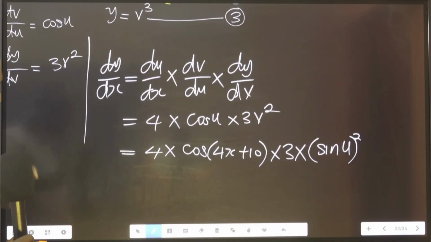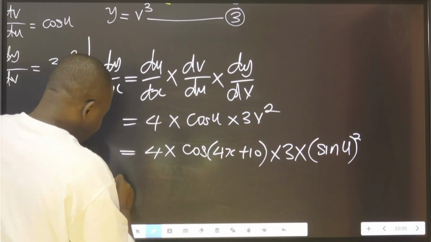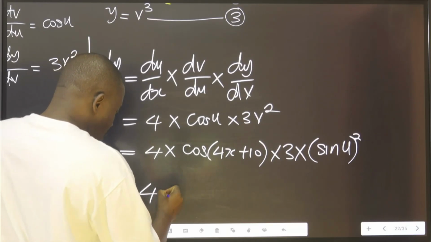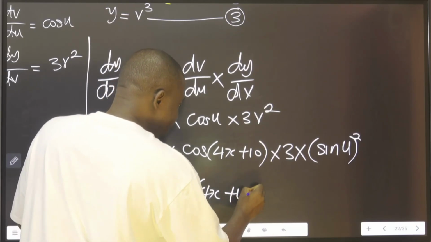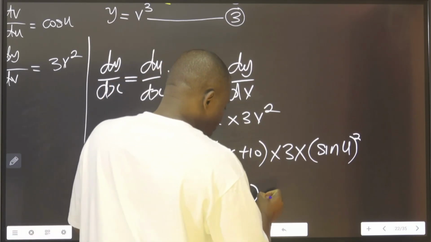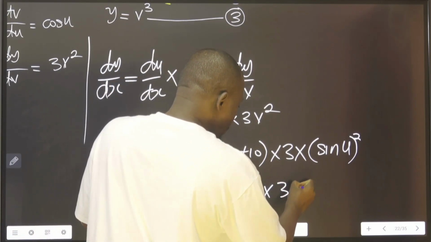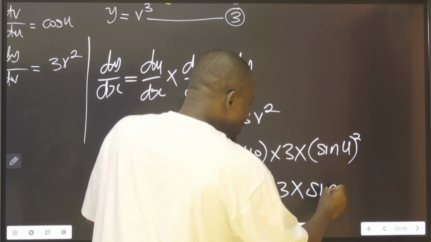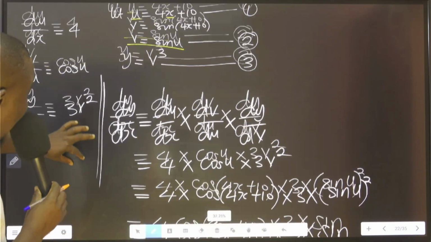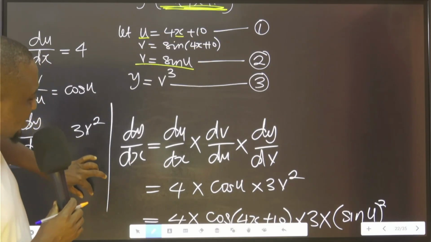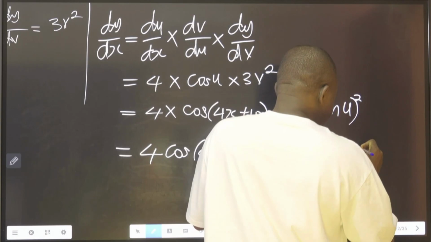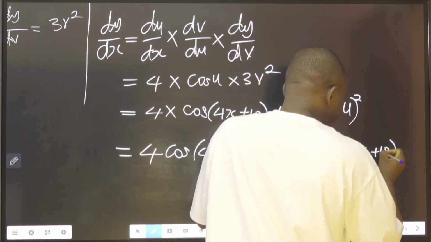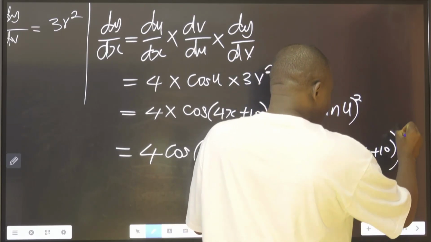It's not yet finished. Let's continue. 4 cos(4x + 10) multiply by 3 multiply by sine u. What is u? u again is 4x plus 10. So I'm going to put here sine(4x + 10), then everything here raised to power 2.